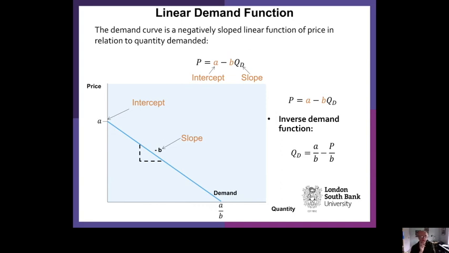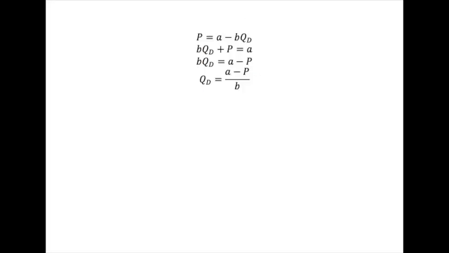If you start with P is equal to A minus B QD, imagine that you add B QD to both sides. So B QD appears as a plus on the left-hand side, and it cancels out with the minus B QD on the right-hand side. So what you would have, I haven't got this on the slide, is B QD plus P is equal to A. So you could write that down if you want to. B QD plus P is equal to A.